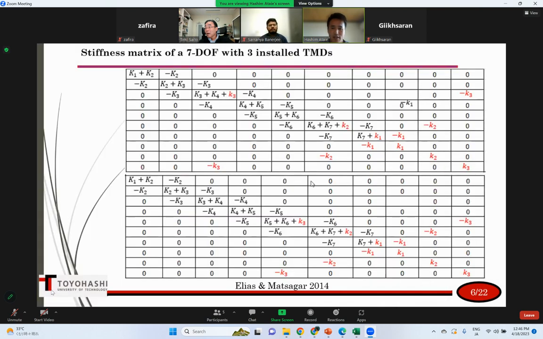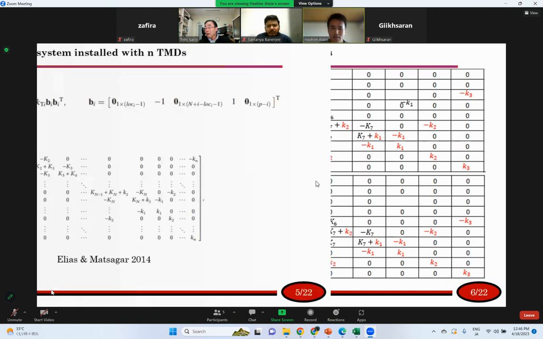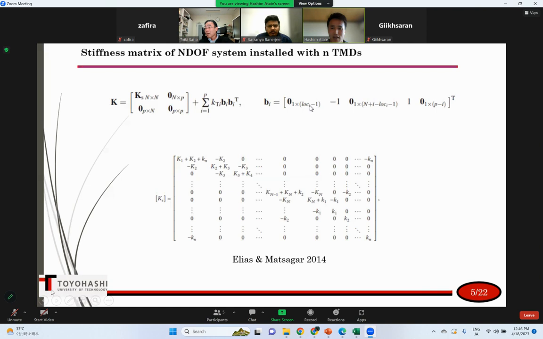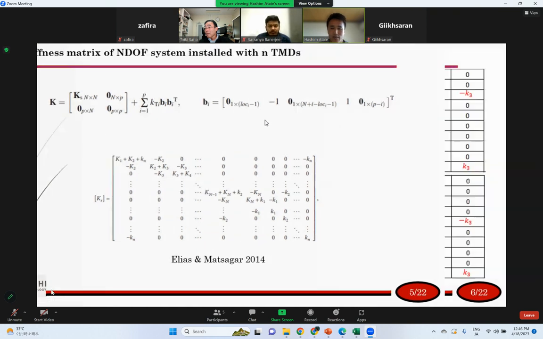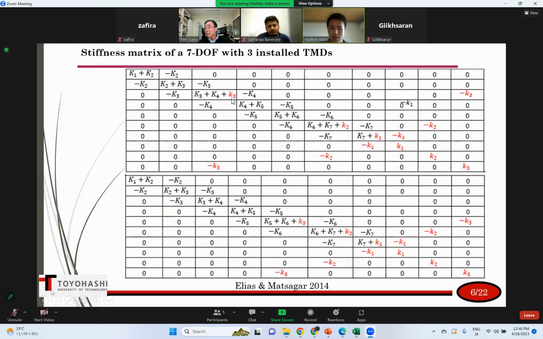But when I formed the stiffness from both those formulas for my 7 degree of freedom model, it is different, I think, because in this paper the location is also involved, but not in this stiffness matrix. So I think the first one is more correct, because the stiffness of the dampers is related to the floors that the TMD is attached to.